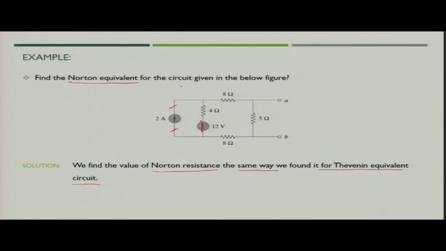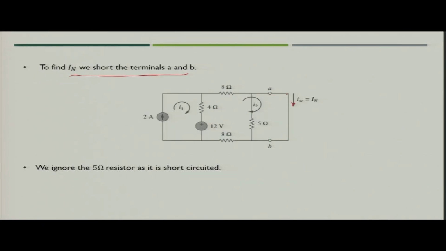If you see the original circuit, we have simply short circuited the terminal A B. Now, if you see the circuit carefully, you will see that 5 ohm is in parallel with the short circuit wire. So, that 5 ohm resistance is also short circuited, and you can neglect it from the circuit.